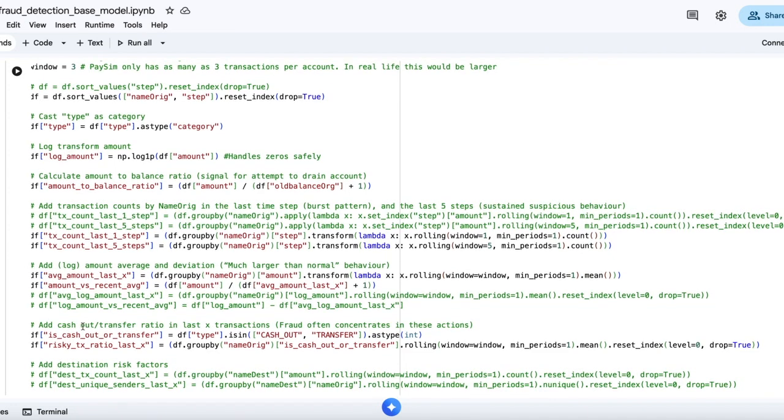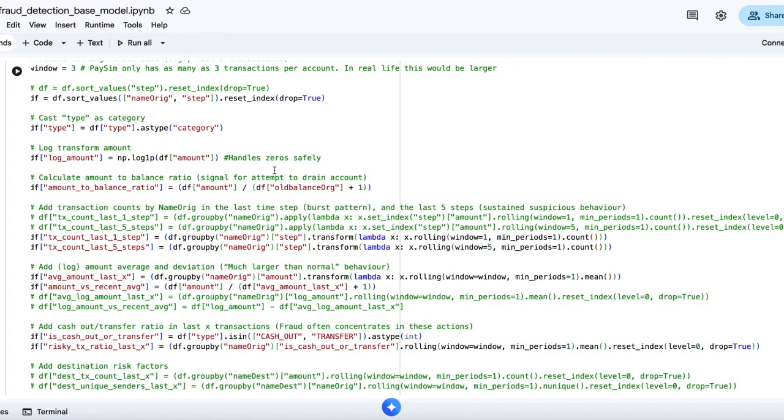Another thing I've done is log transforming the transaction amount. It's not strictly necessary since, as I said, we're using a tree-based model and there's no need to scale, but our data is heavily skewed with a long tail, so I'm hoping the log transform could help the trees find better splits, reduce dominance of extreme outliers, and stabilize feature importance.